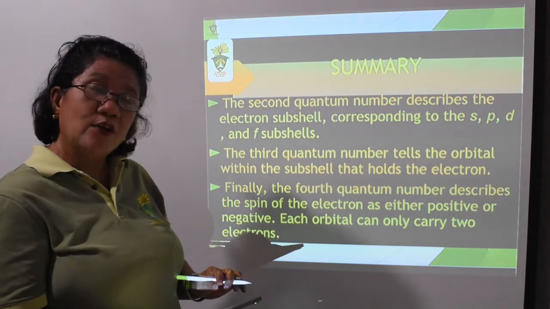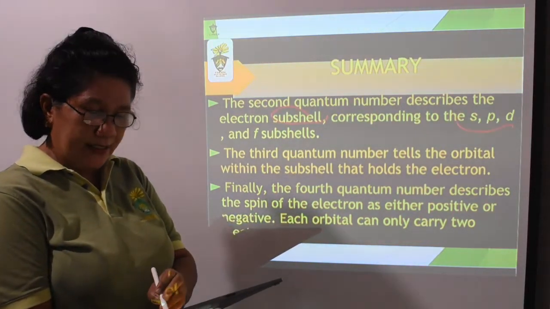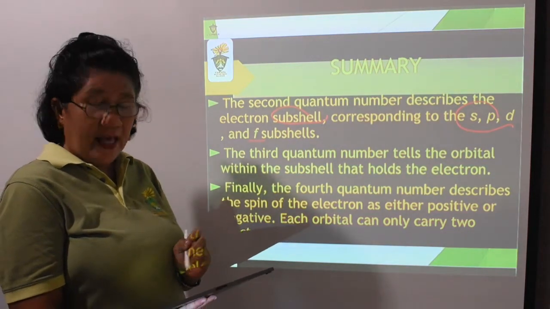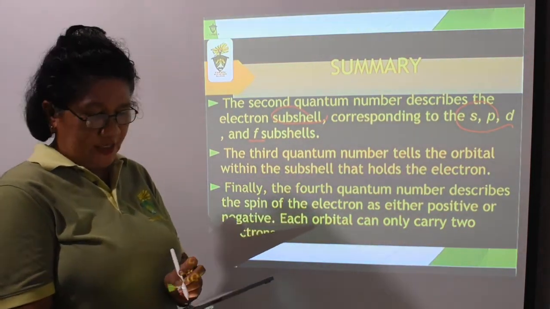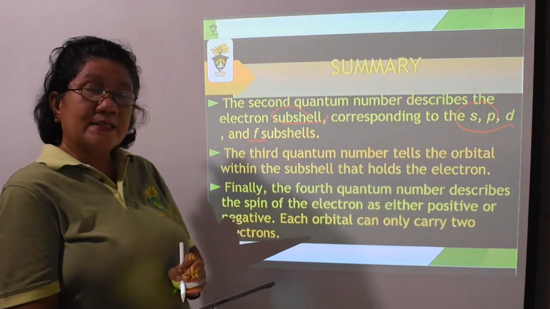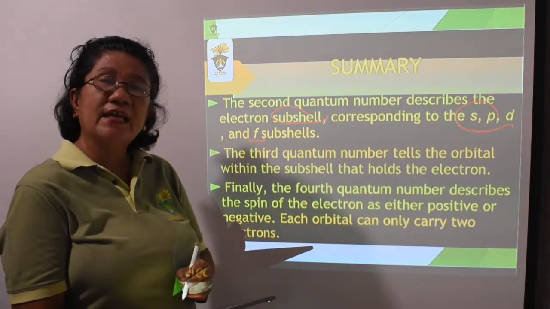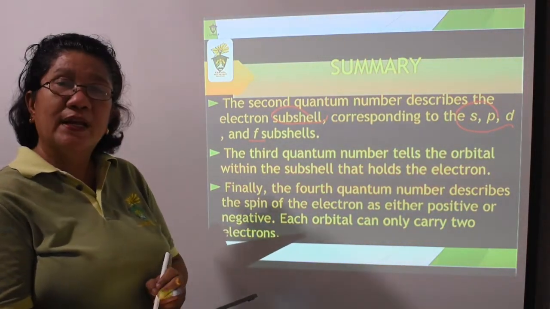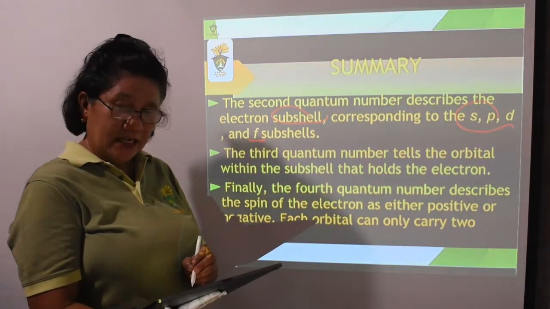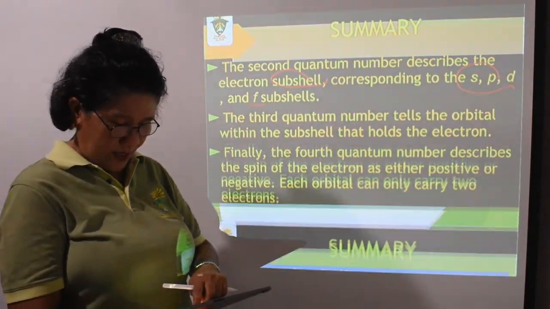The second quantum number will give you the subshell. What are those subshells? That is S, P, D, F. The third quantum number will tell you where the subshell is being held. And finally, the fourth quantum number will describe the spin. There are only 2 spins, that is positive 1/2 and negative 1/2.